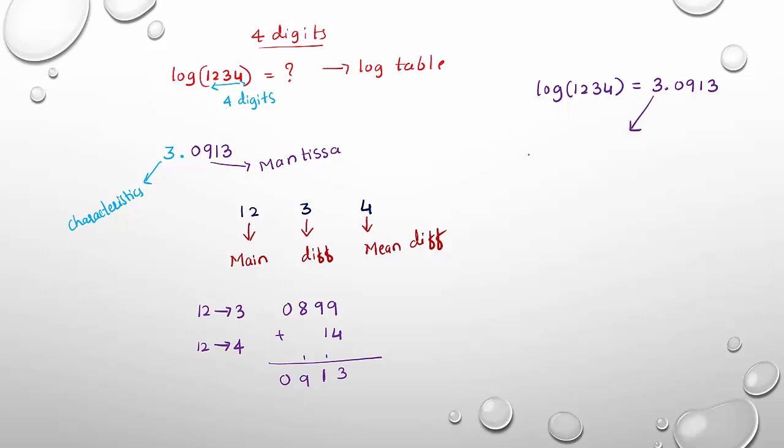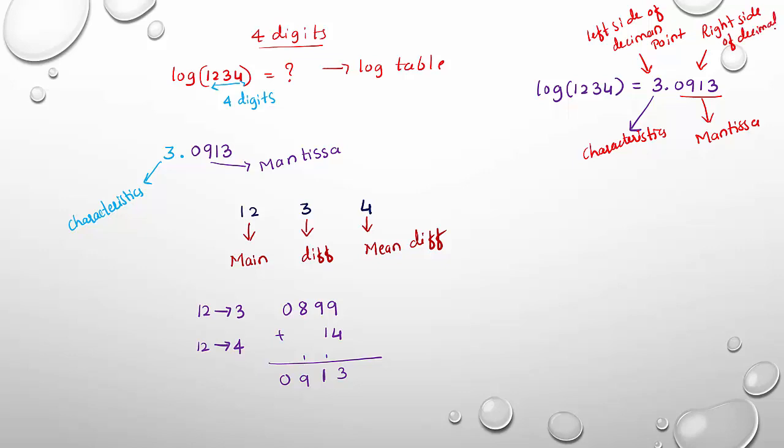So this 3 is called the characteristic and this 0913 is called the mantissa. The characteristic is always on the left side of the decimal point and the mantissa is always on the right side. And this point is the decimal point.